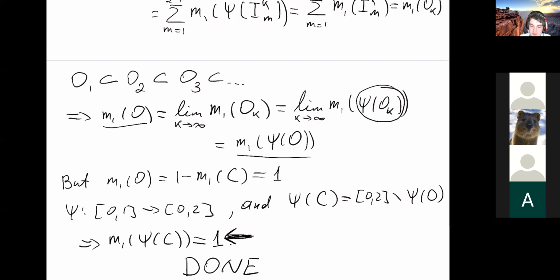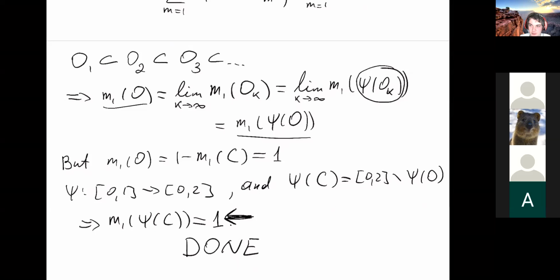So I kind of see what you're asking. You're asking how can a really decent continuous 1-to-1 function map something of measure 0 to something of measure 1. So the reason is that the Cantor set, even though it's of measure 0, is almost of positive measure.